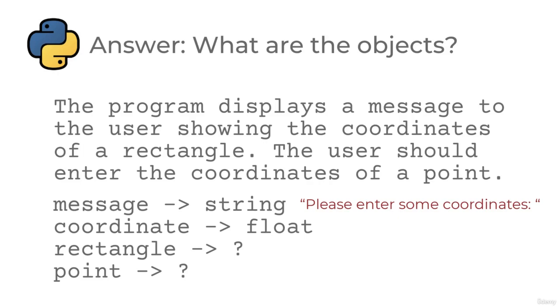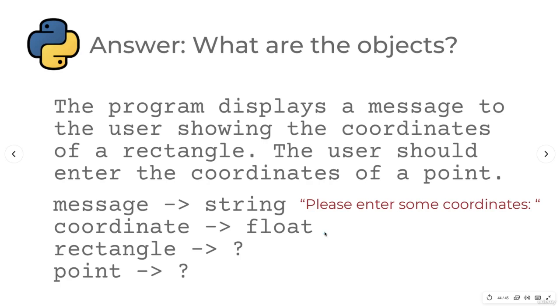Next we have coordinates. Now we're talking about numbers, right? Coordinates are things that we use in math, so I think that would be a float type. We had string types, and we will have float types.